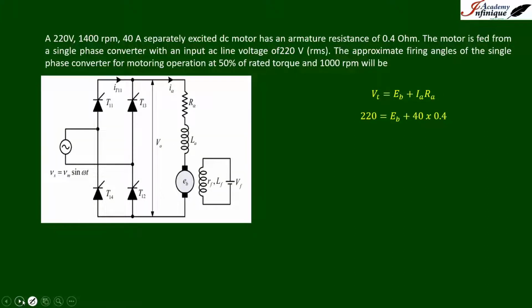If we put the values as mentioned in the example, then we can find out the back EMF, and the value of back EMF will be 204. This is the case 1 back EMF.